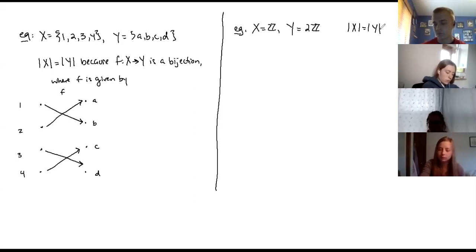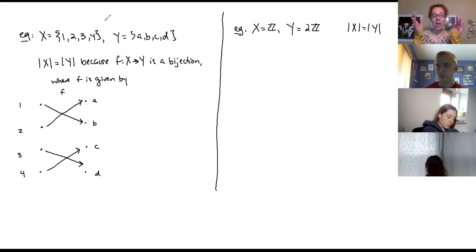So what this means, and this is where you're not going to like me, is that there are the exact same number of integers as there are even integers. This is what you don't like. And you're going to like things even less on Wednesday when we get there.